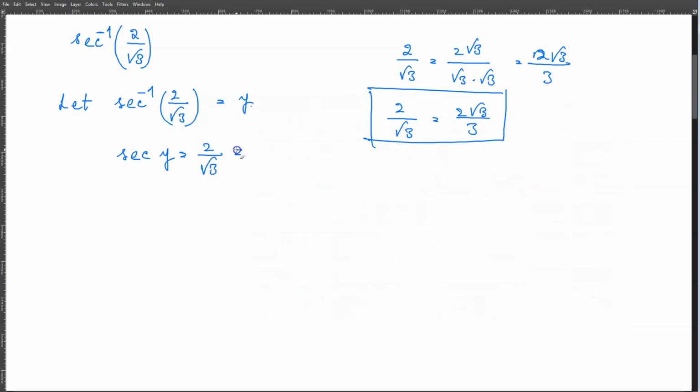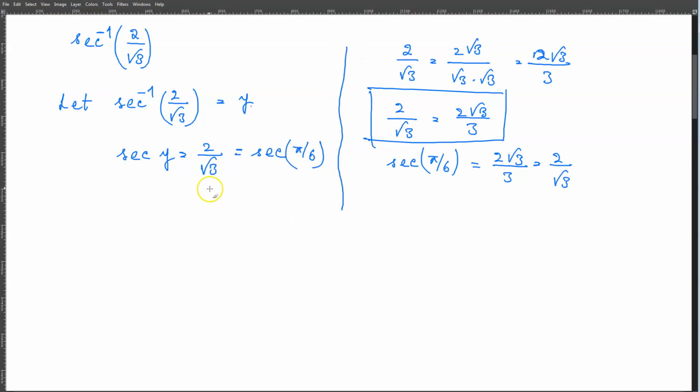This is equal to secant of pi by 6, which is 30 degrees, the same thing as 2 square root of 3 thirds, which is equal to 2 over square root of 3, right? Now, what that means is that this is simply equal to the secant of pi by 6, right? The only thing that we need to be careful about is the domain and range of the secant inverse function.